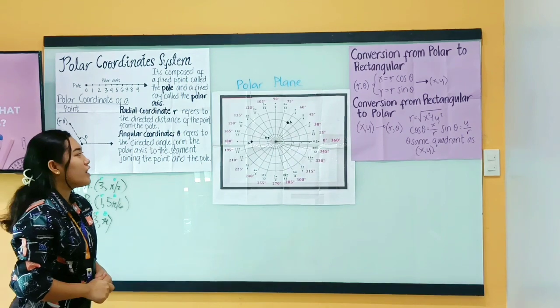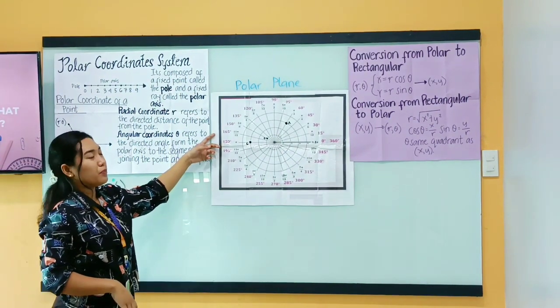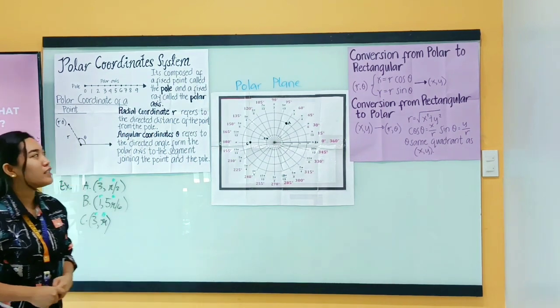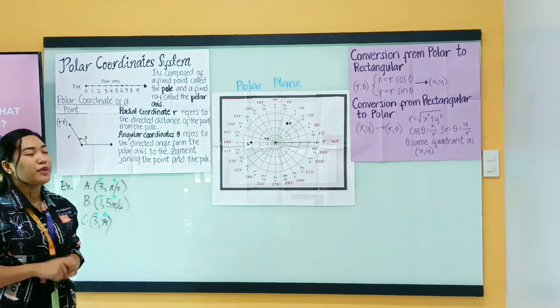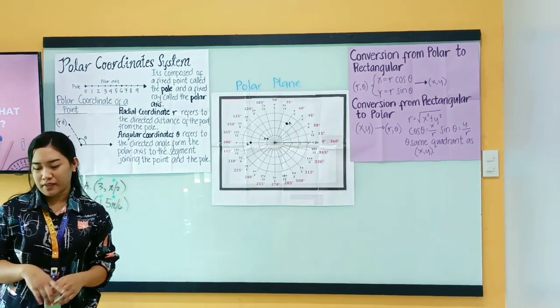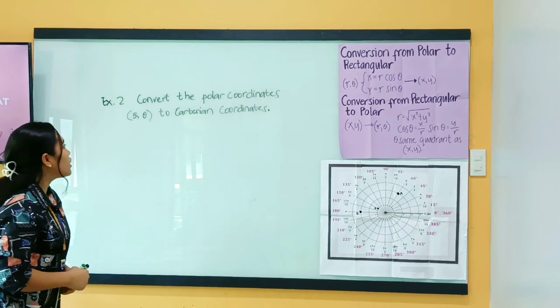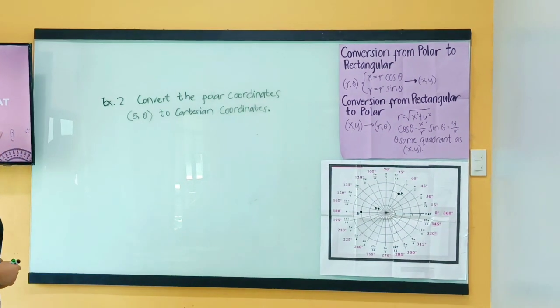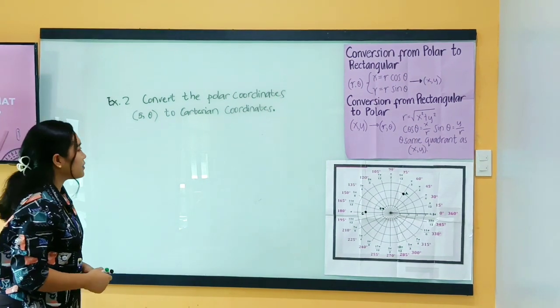Okay, class, do you already know how to plot a point on the polar plane? If yes, let's proceed to conversion from polar to rectangular and rectangular to polar. So class, let's proceed to conversion. Convert the polar coordinates (5, theta) to Cartesian coordinates.